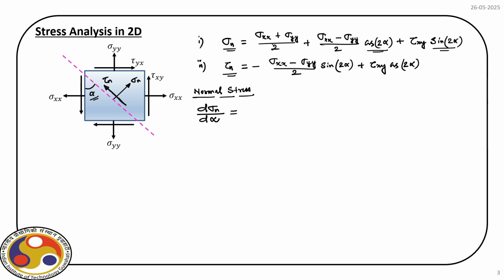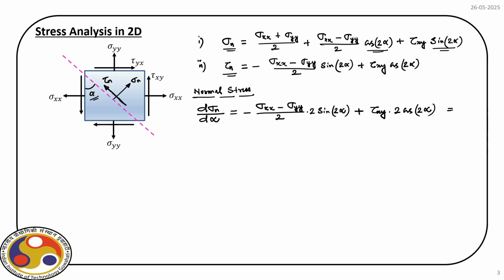If you do that, obviously the first term will be 0. For the second term we have (sigma xx minus sigma yy) divided by 2 times cosine of 2 alpha, so that will be minus 2 times sine of 2 alpha, plus we have tau xy sine of 2 alpha, so that will give us 2 cos of 2 alpha.